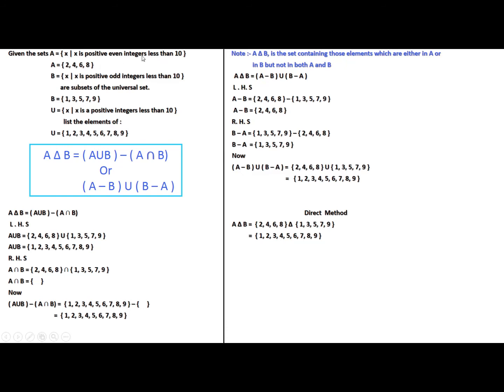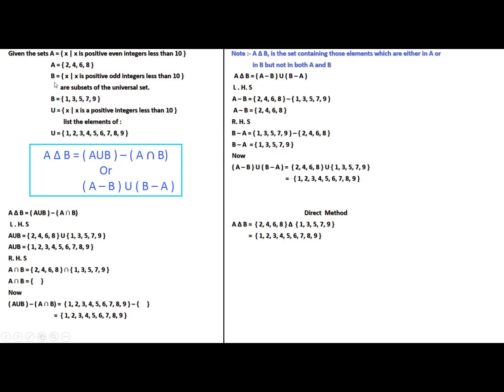In previous classes you've learned those numbers which are exactly divisible by 2 are called even numbers. So see here, 2 4 6 8. Why have we not written 10? Because it is written less than 10.